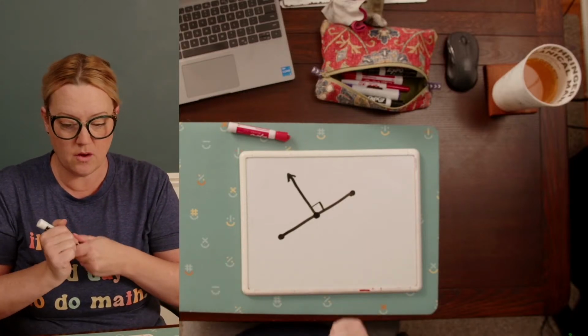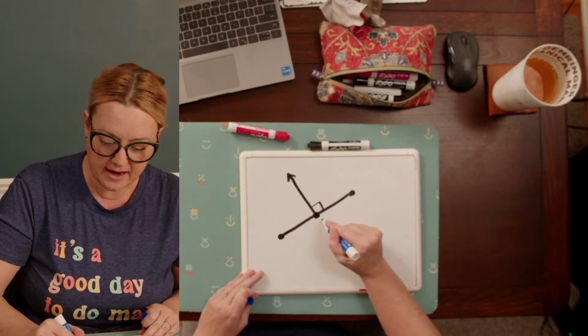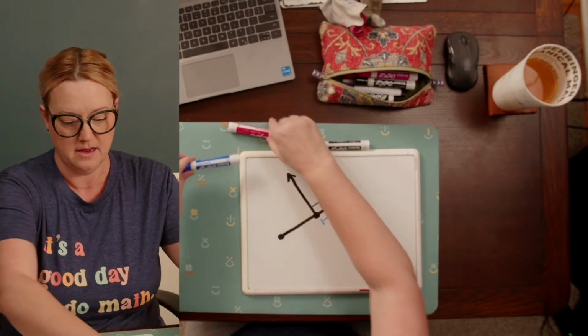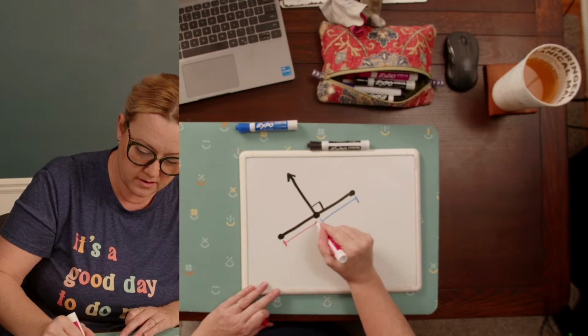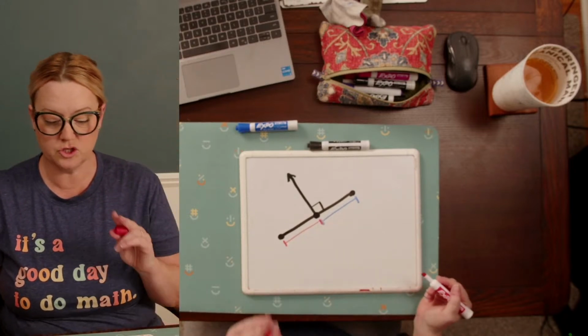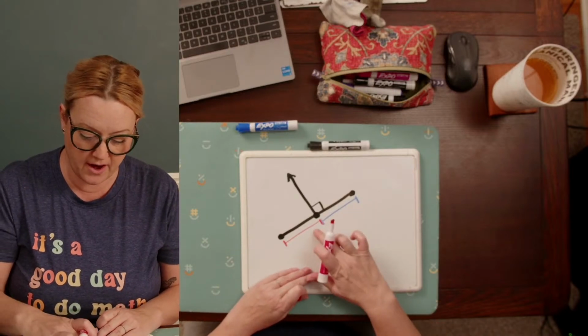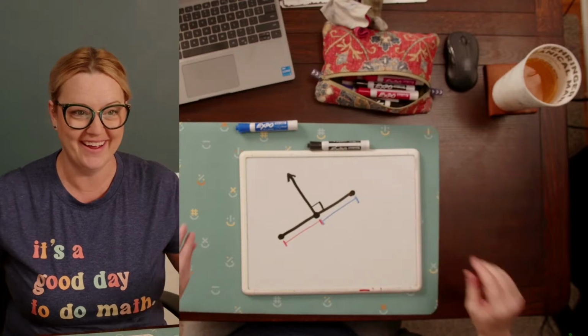And then what that would also mean is that this distance here is the same as this distance here, right? So those are two congruent distances. So we've got this here and this here are both congruent.